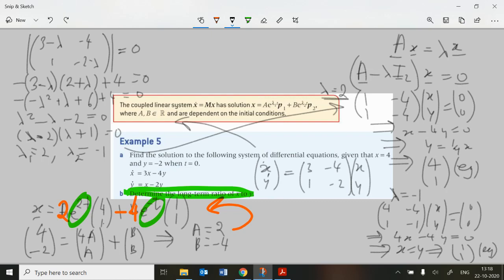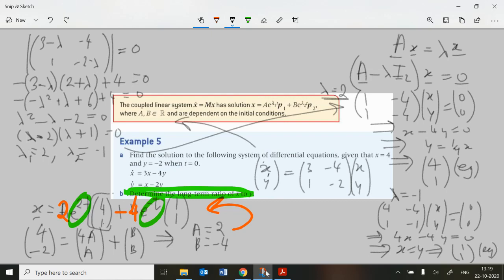So e to the power of minus 100 is the same as 1 over e to the power of 100. So this is going to tend to 0, and this is just going to tend to a large number.